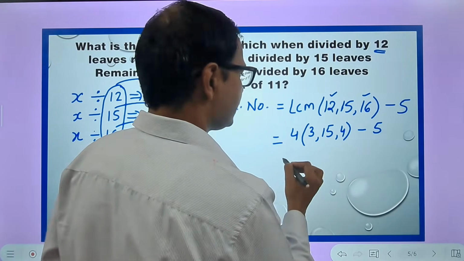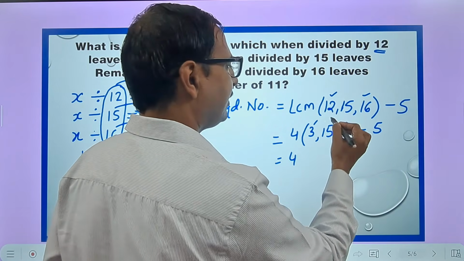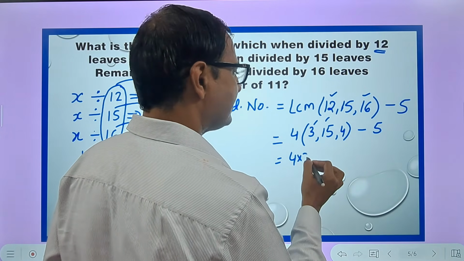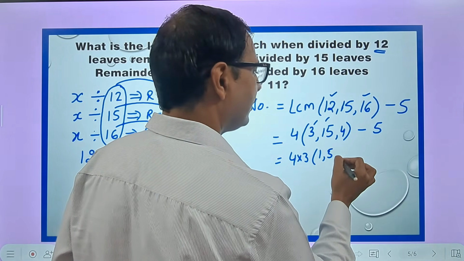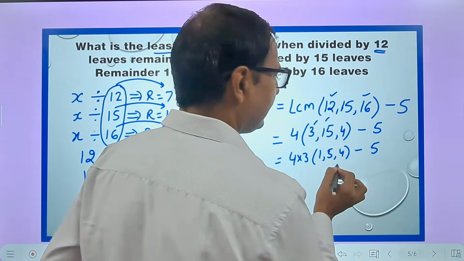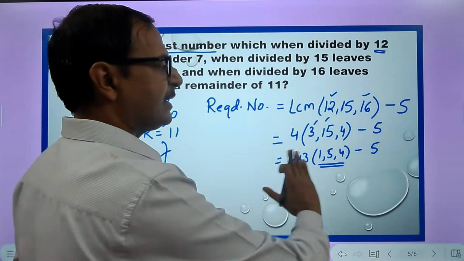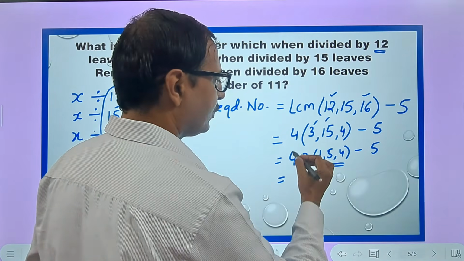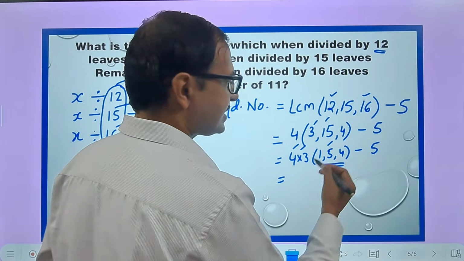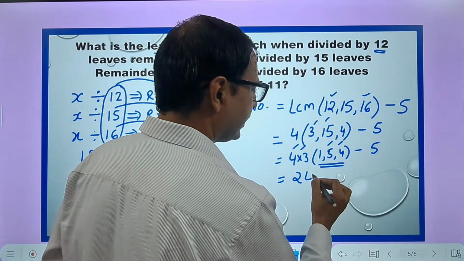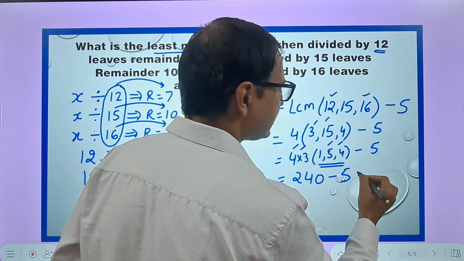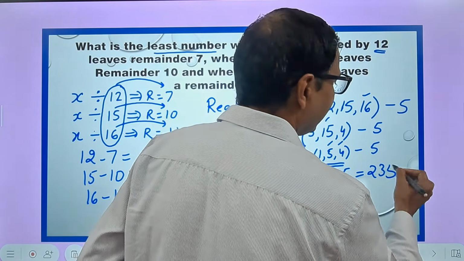Minus 5. Now 3 and 15 are divisible by 3. So 4 times 3, 1, 5 and 4, minus 5. Now there is no other common factor. So just multiply everything, you will get the LCM. 4 3s are 12, 12 5s are 60, 60 4s are 240, minus 5, which gives you 235 as the answer for this particular question.